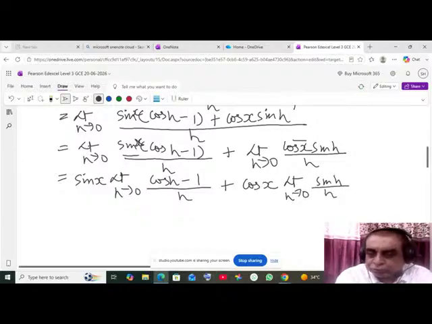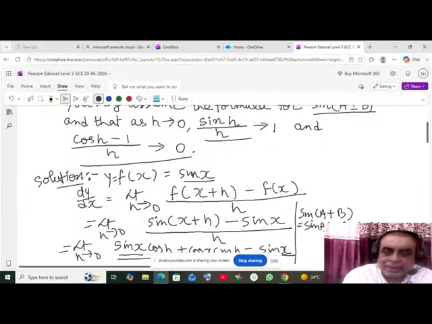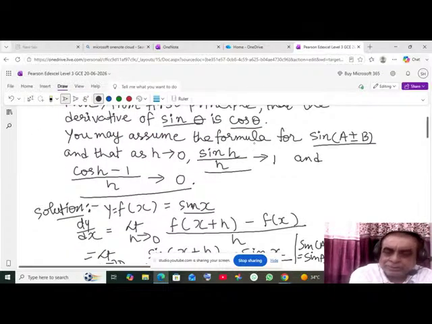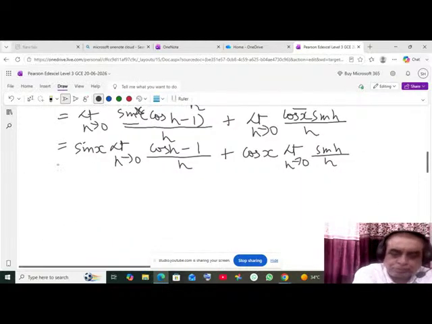In the question we are already given this formula: as h tends to 0, sine h by h is 1 and cos h minus 1 upon h tends to 0. So here you put these values given in the question.